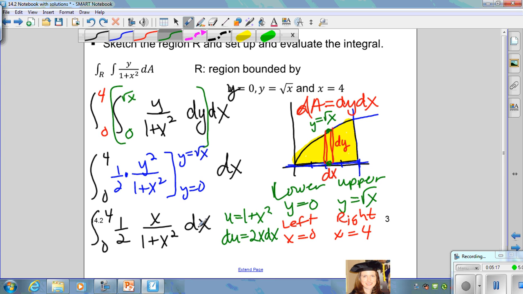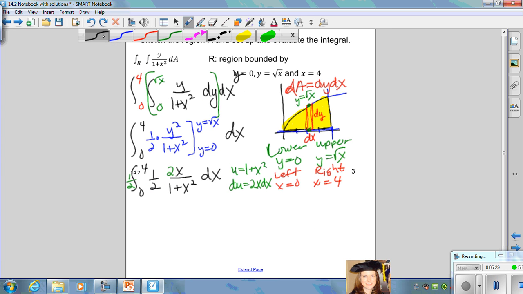Now we have the x and the dx. The only thing we don't have is that 2. We can put a 2 there as long as we put a 1/2 out in front. Writing this as an integral, this 1/2 along with the other 1/2 gives us 1/4. Then 2x dx is your du, and the 1 plus x squared is your u.